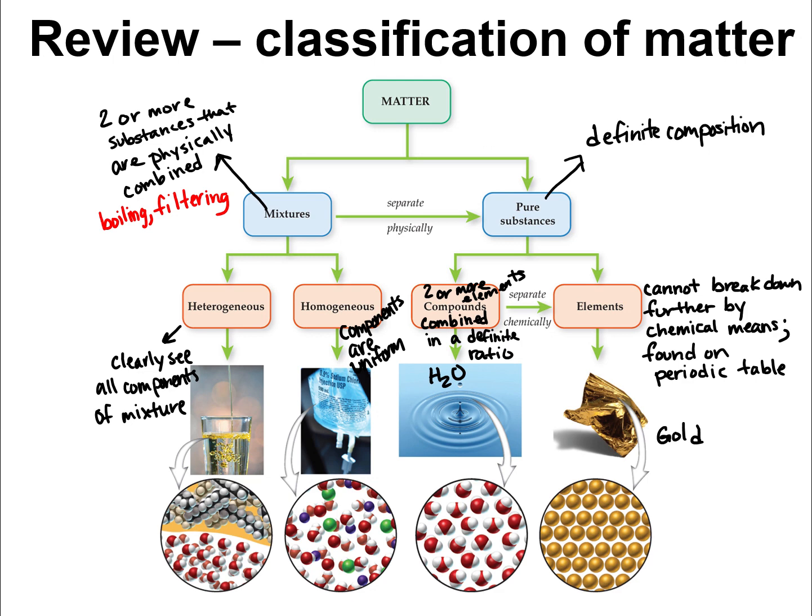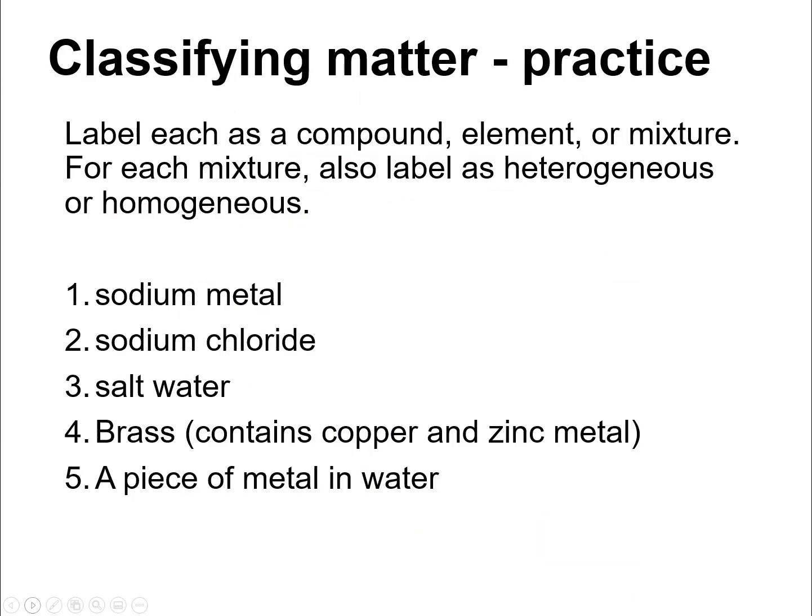Is everybody clear on these different terms? Because the next slide we're going to be doing some practice. Let me know if you're ready for practice. Okay. So we need to label each of these as a compound, element, or mixture.